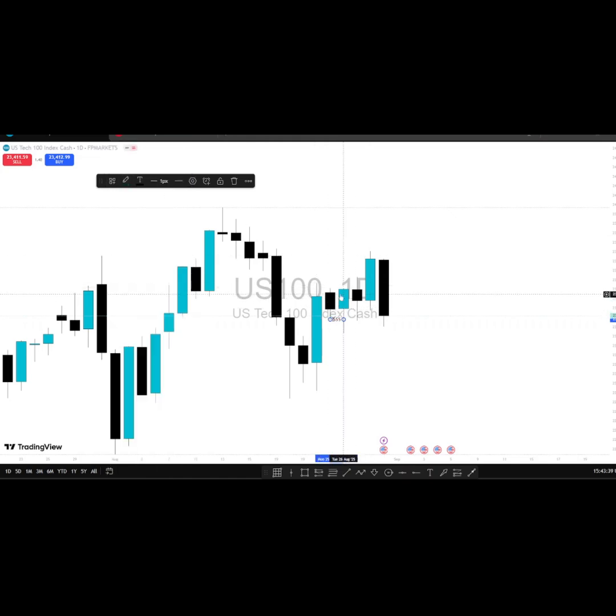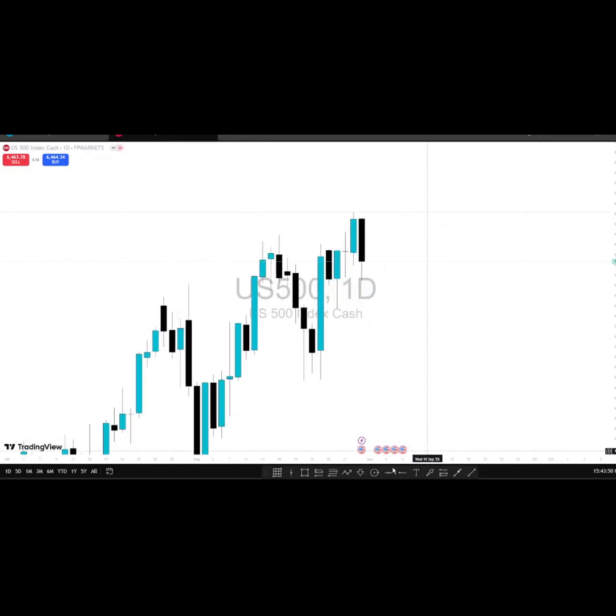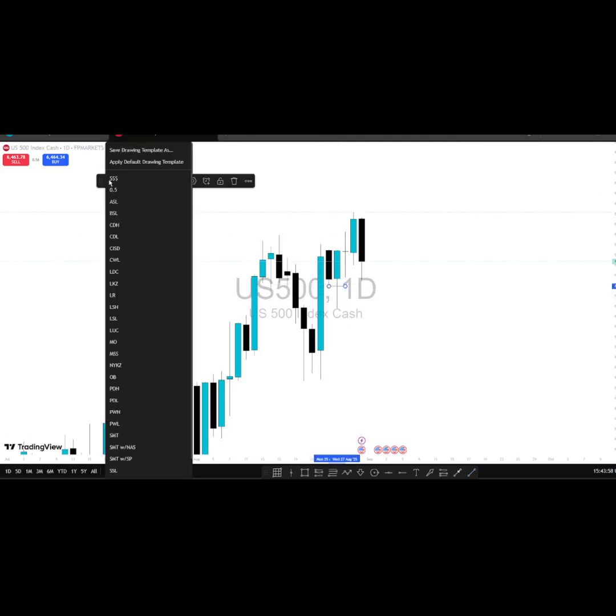This was Monday's candle and then this was Tuesday's candle, and at 7 a.m. this previous day low had been swept by price on both assets. Monday's previous low, which I labeled as my sell side liquidity, had been swept.